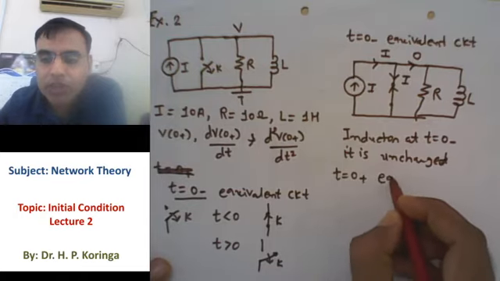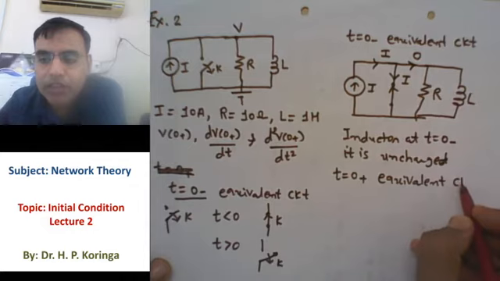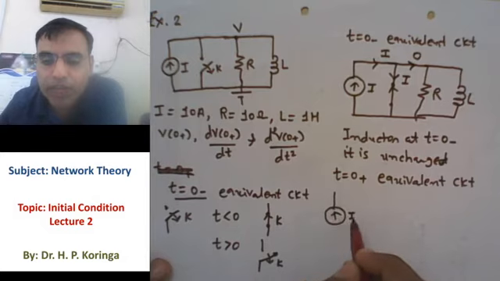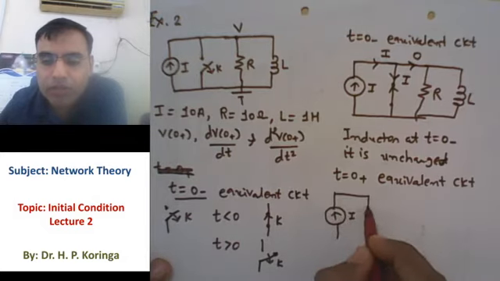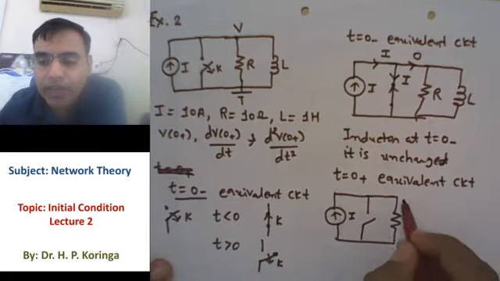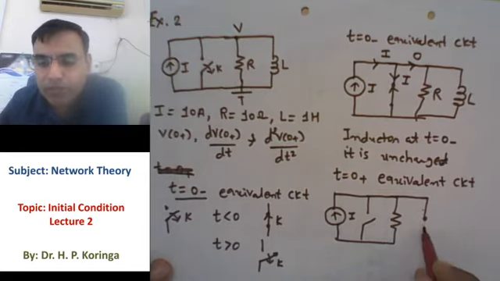At t equal to 0 plus time, this current source of I ampere, now this switch works as an open switch. So this I ampere passes through the parallel of R and L, and the inductor, being uncharged, at t equal to 0 plus has an equivalent circuit of open circuit, right?